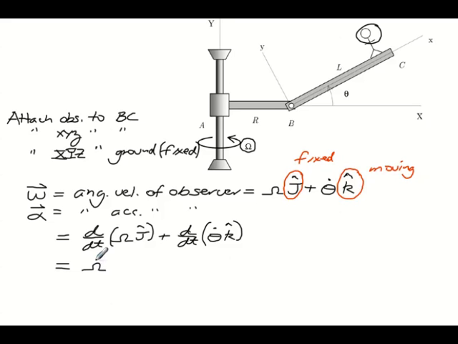I get omega dot J plus omega J dot. And then I do a time derivative of the second term. Let's use the product rule again: theta double dot k plus theta dot k dot. It says that big omega is a constant, and theta dot is a constant, so we lose those.